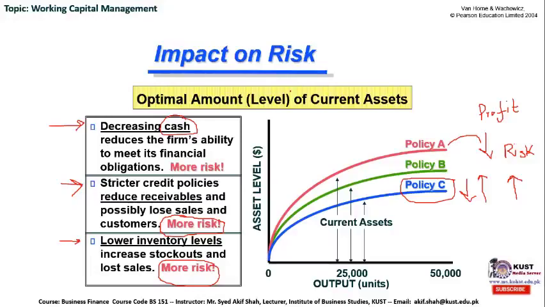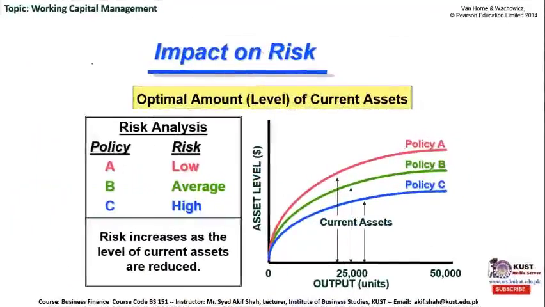So discussing the impact on risk in relationship with working capital management, we can conclude that if the company has a greater number of current assets, as in policy A, its risk factor will be lower, because the company's liability obligations will be met very easily.